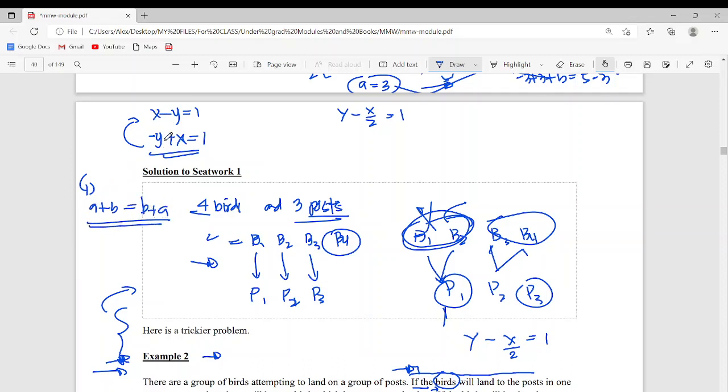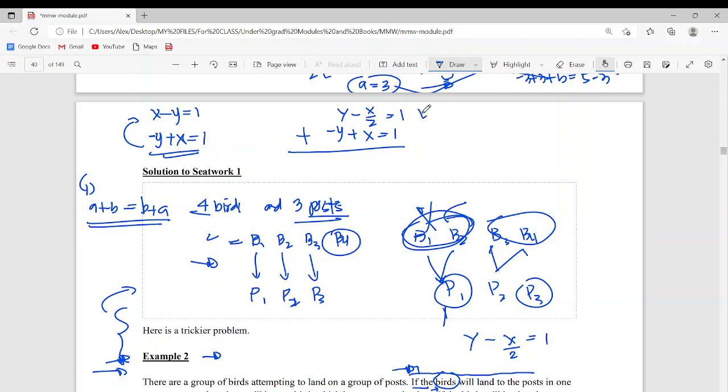So x minus y is just equal to negative y plus x, and it can be changed. Now let's input it in our system of equations: negative y plus x is equal to 1.